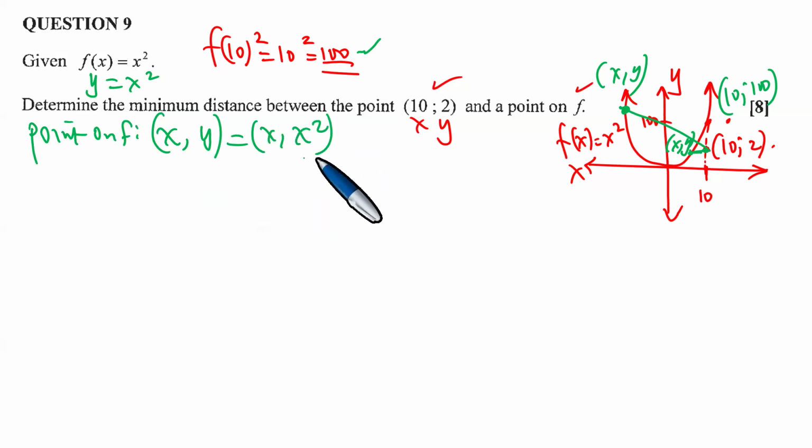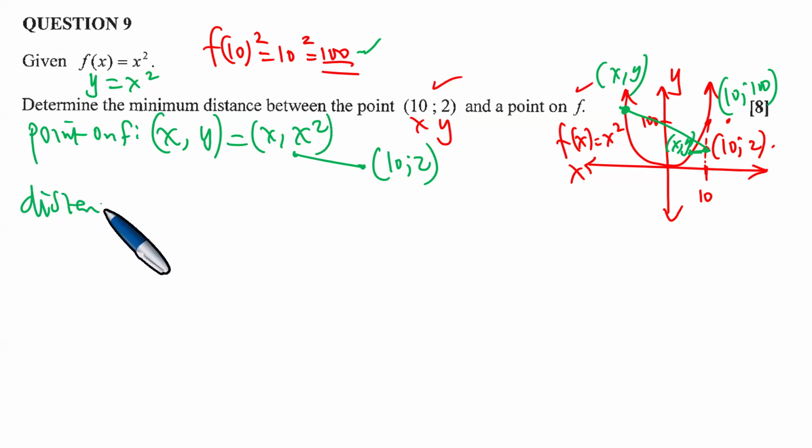That's a point on F. And the distance is between the point and the point on F. So there's the point 10 and 2. So we're interested in the distance. This is then analytical geometry. What is the distance formula?